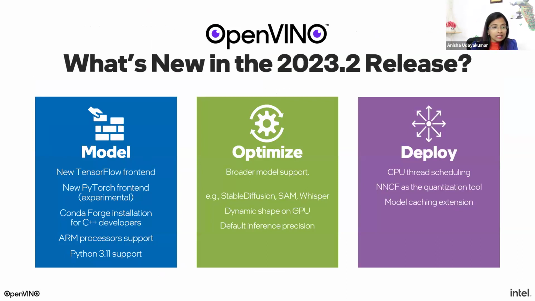Let's quickly see what the latest features in our release are. 2023.2 is our latest published release. We are heading towards the 2024 release, which will have much more exciting features. But in this latest release of OpenVINO 2023.2, we have extensive model support like the TensorFlow front end, PyTorch front end, ARM processors, and so on.